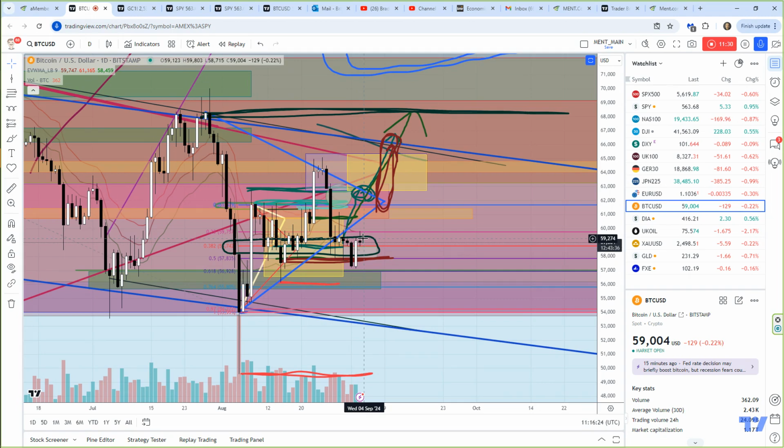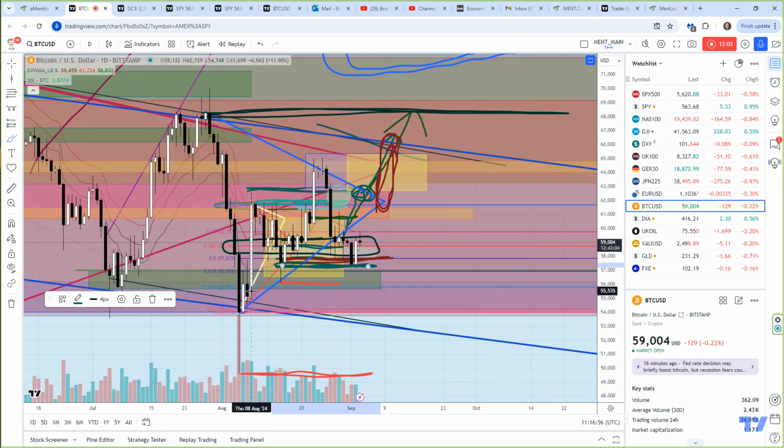This is kind of an interesting pattern setup here. We have very clean rejection across this area and right across this area. So very clean double rejection points right here. And I would believe that this 57, roughly 300, call it 57,400, is now the new critical support area for Bitcoin.